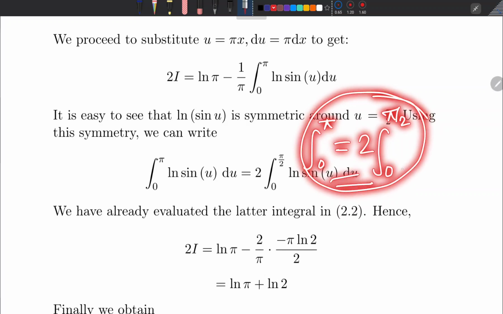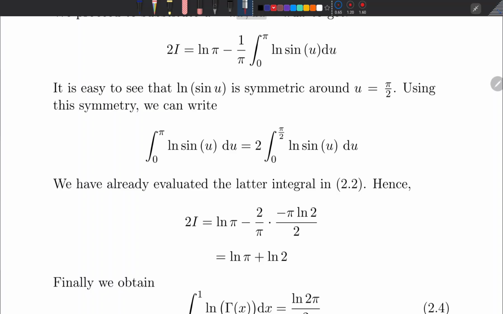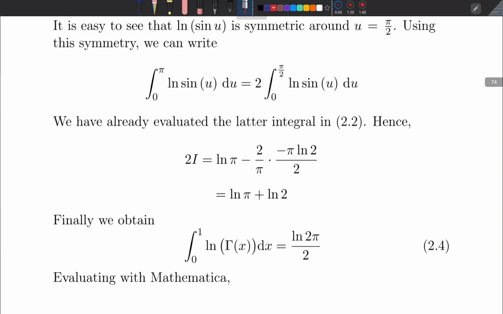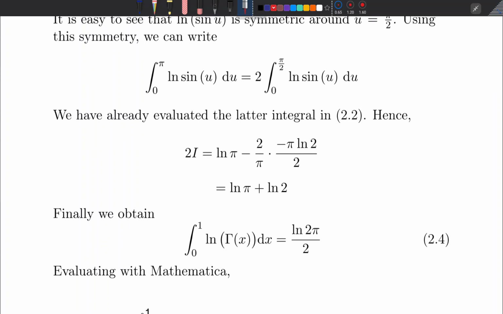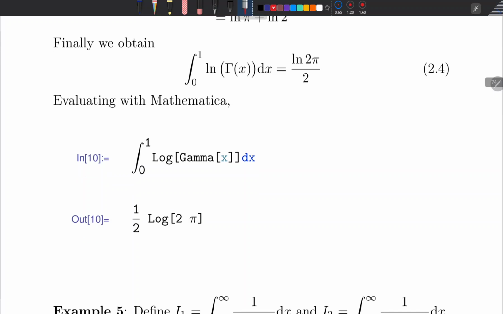I have discussed this in my previous video, and that's why I'm urging you all to watch that video once, please, because I have done a lot of things in it. It's about a 1 hour video, and I literally haven't wasted any moment in it. Please believe me. Okay, and so finally we have the result as natural logarithm of 2 pi over 2.